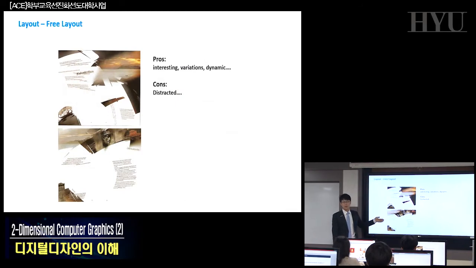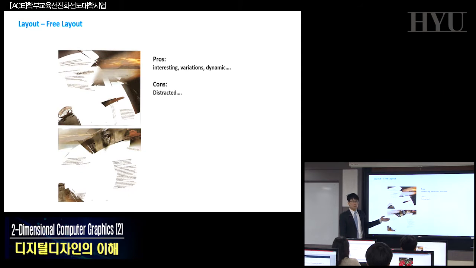The so-called free layout. There are no specific columns you can draw, or there is an amount of empty and void space, but if you draw some lines they are supposed to be curves, right? Splines, not linear. The grid system cannot explain the layout system of this one.